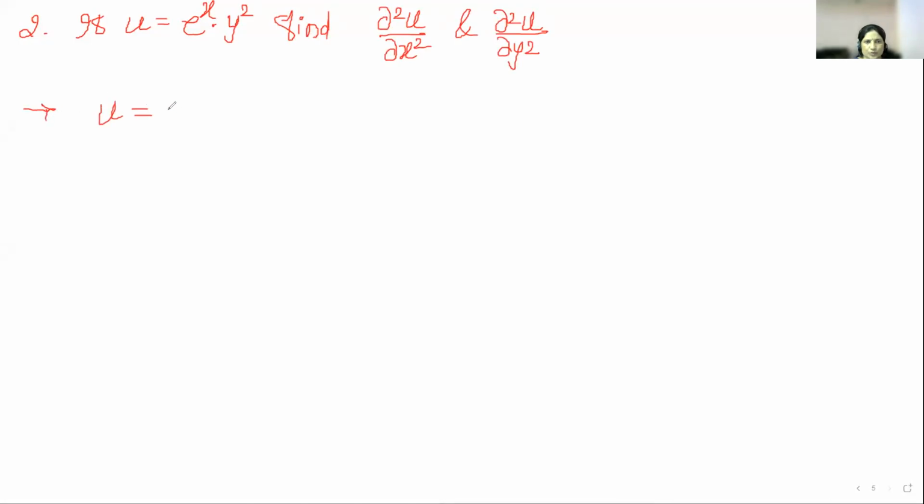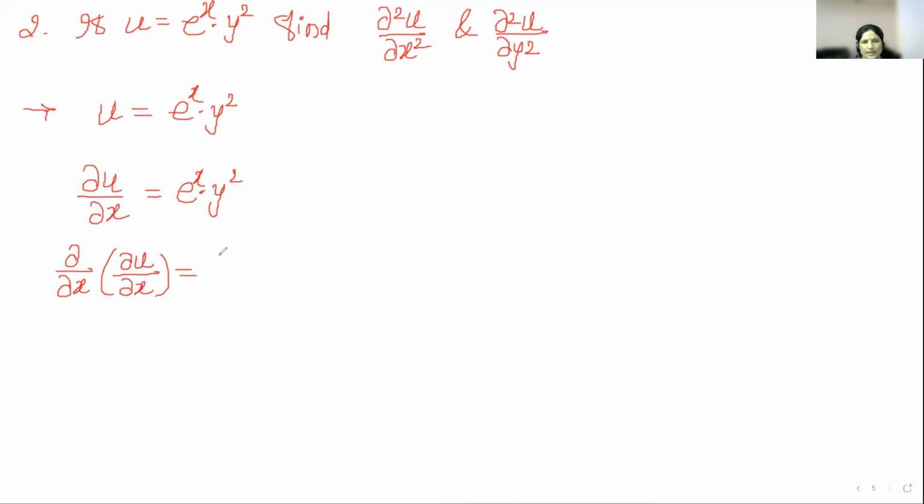Given function u, e^(xy²), derivative of this function with respect to x gives e^(xy²)·y², and again differentiating with respect to x. In same way, taking derivative of the given function with respect to y: e^x is constant, derivative of y² is 2y.